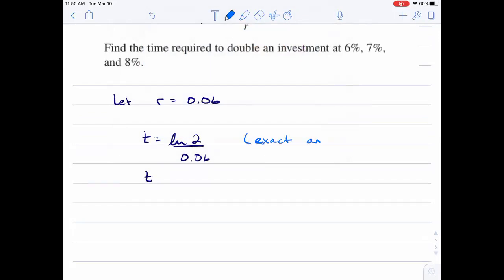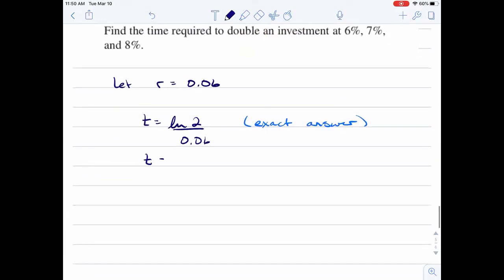So here I'll just put, this is the exact answer, because that is a number. It's just not very obvious for us to interpret. So if I do the natural log of 2 divided by 0.06, 11.55245301 years. And you know what?